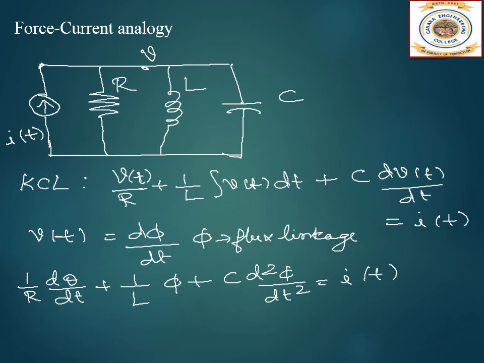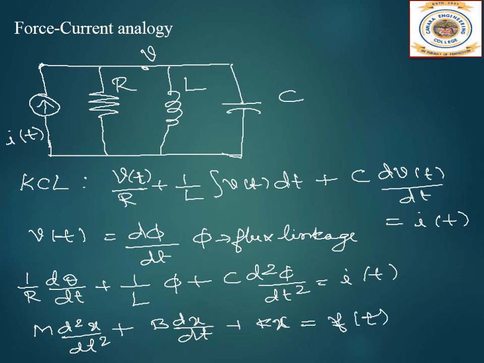Now comparing it with the mechanical equation, what did we have? So I'll write it once again over here. We had m d square x by dt square plus b dx by dt plus k into x equal to f of t. Here we will see the analogous quantities.